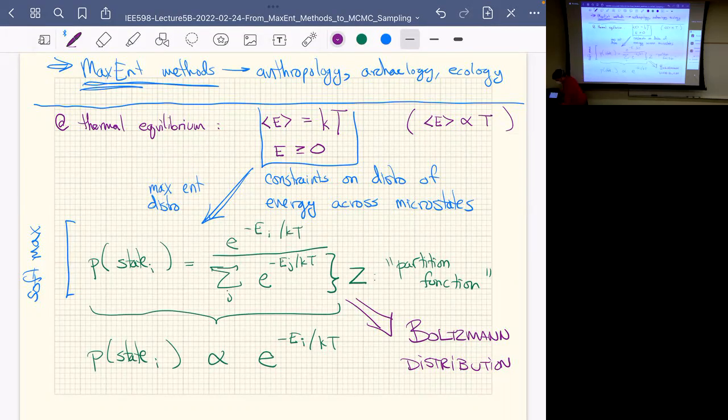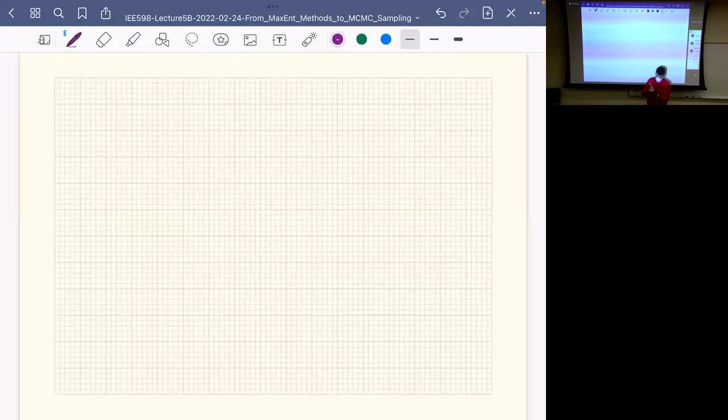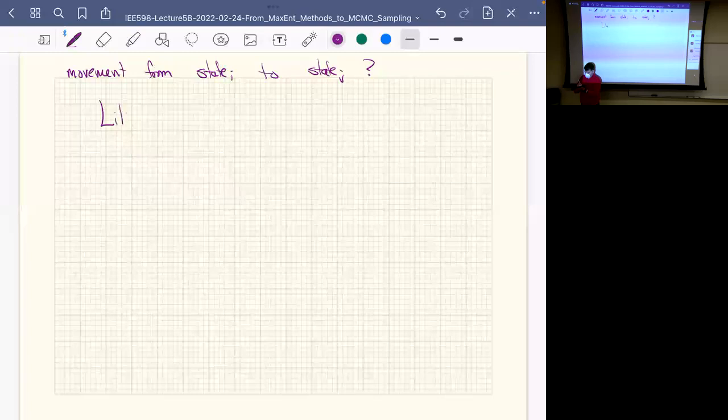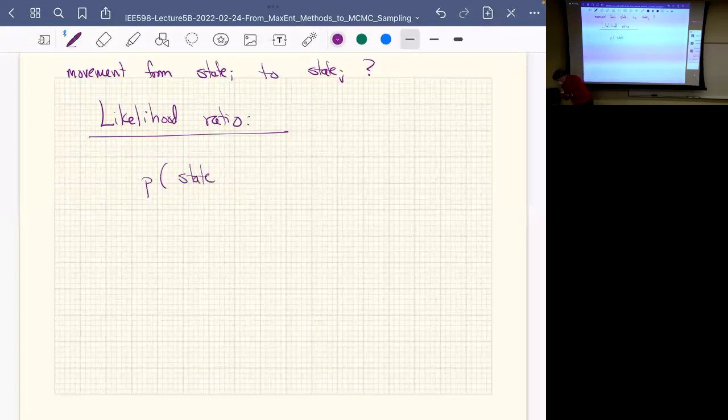So where I'm going with this is, if I want to consider a movement from state i to state j, what I can do is consider the likelihood ratio, and let me just verify I put in my example j as the new state.